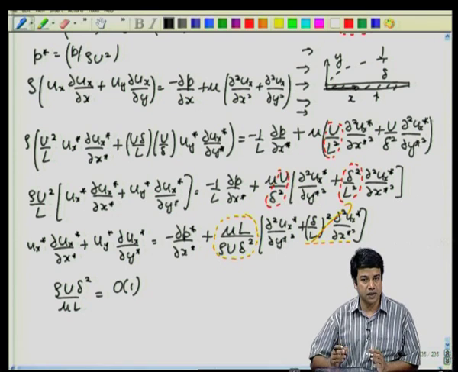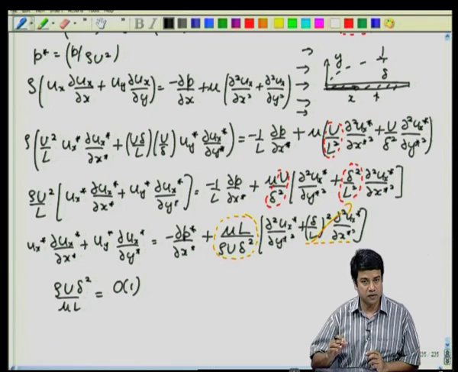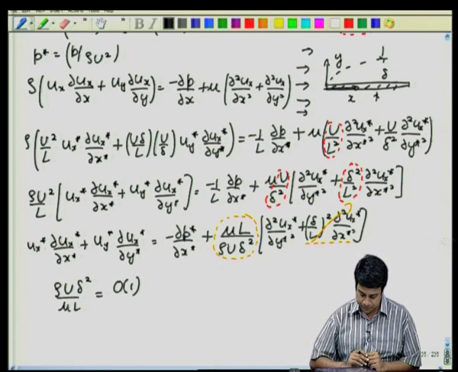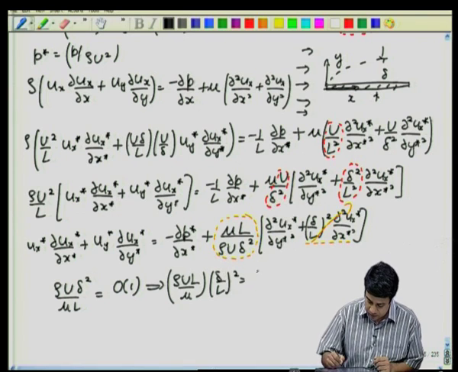If it goes as Re to a negative power, it will go to 0, and then my viscous term will become small compared to the inertial term. If it goes as Re to a positive power, it will go to infinity, and I still do not have a balance, because there is nothing to balance the viscous term here. I can rewrite this as rho u L by mu into delta by L the whole square is equal to some number.